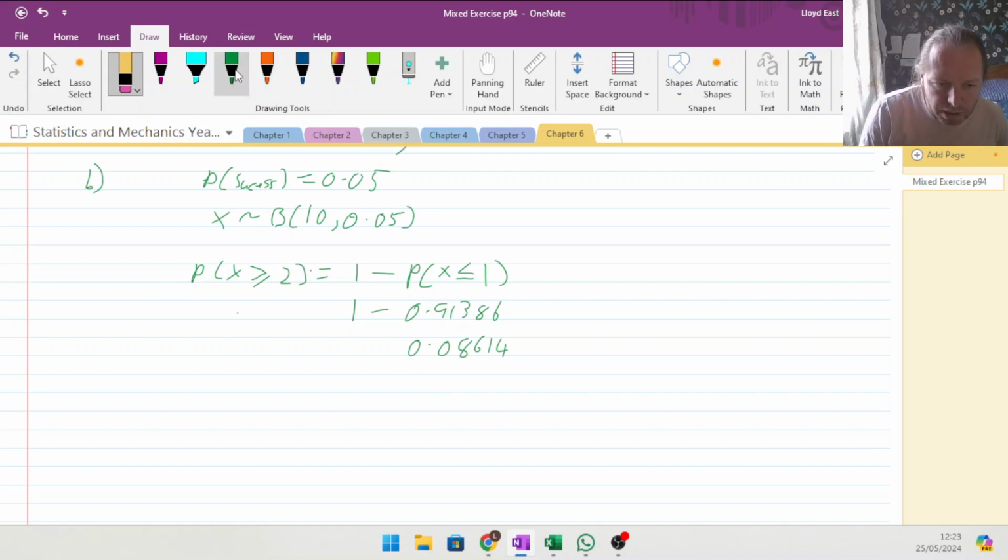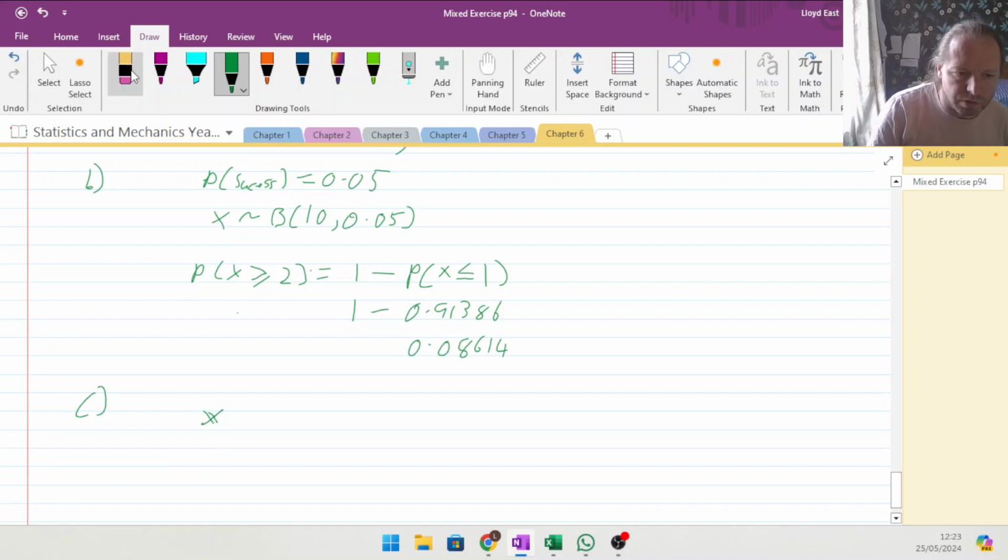Now then, part C. Calculate the smallest number of houses he must canvass so that the probability of his getting at least one success is 0.99. So we've changed the distribution.